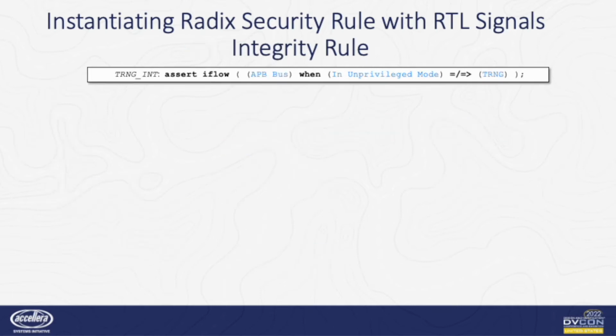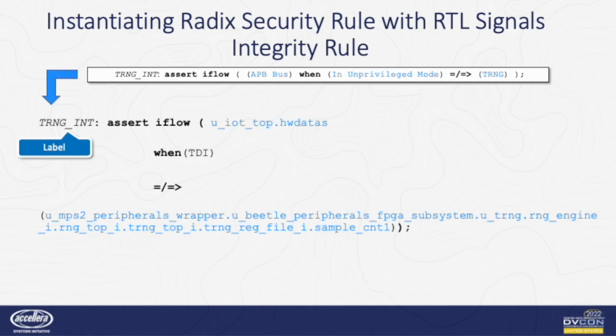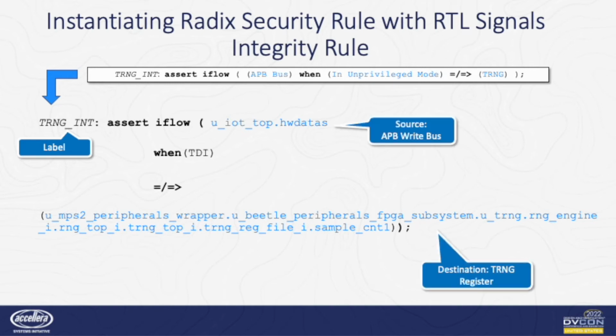Let us now look at converting the integrity abstract rule to an integrity Radix security rule. We have the label TRNG INT for the rule. The source is the APB write bus, while the destination is the sample count register.